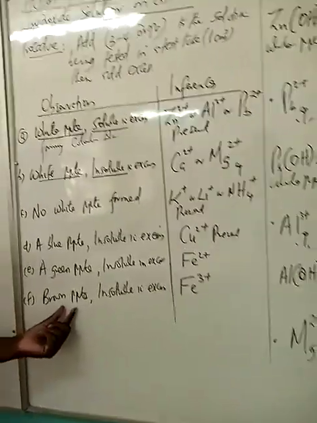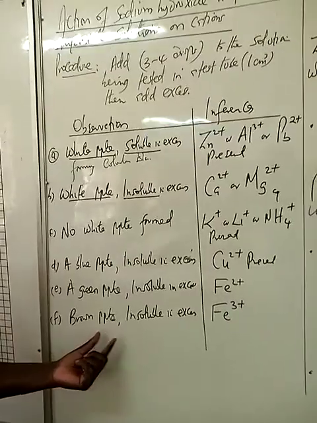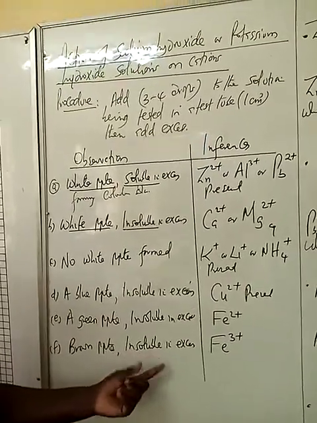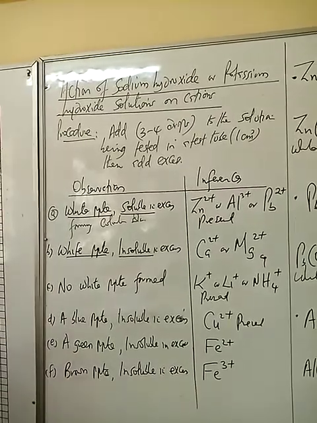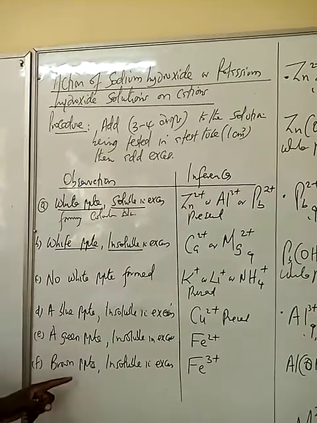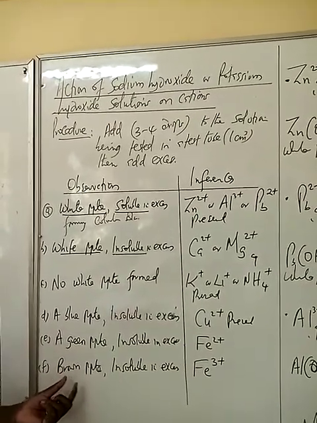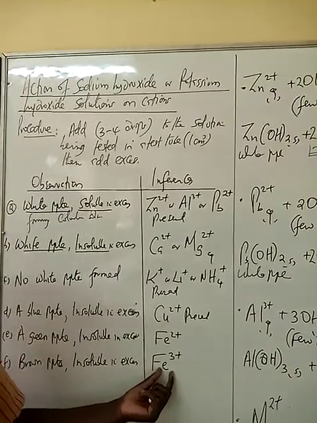Look at the brown precipitate. If you get a brown precipitate which is insoluble in excess, then you infer iron 3 ion. The brown precipitate is formed because of the formation of iron 3 hydroxide.